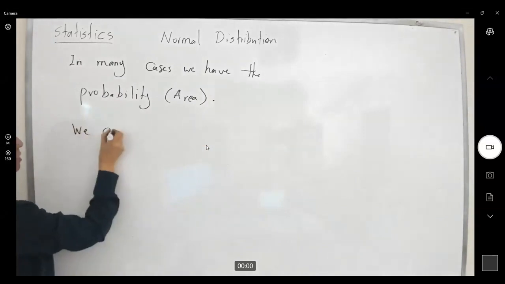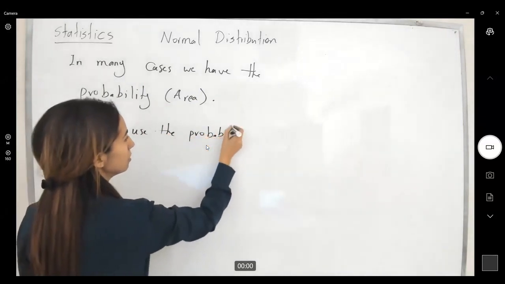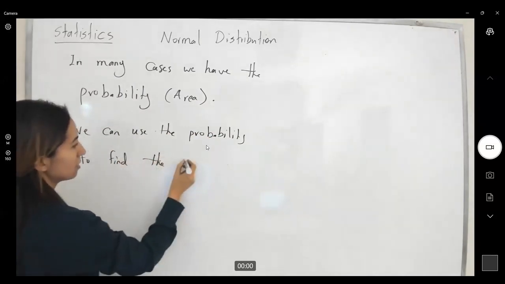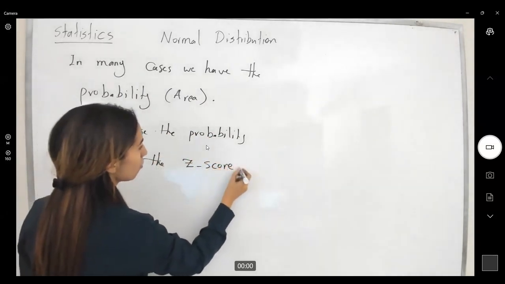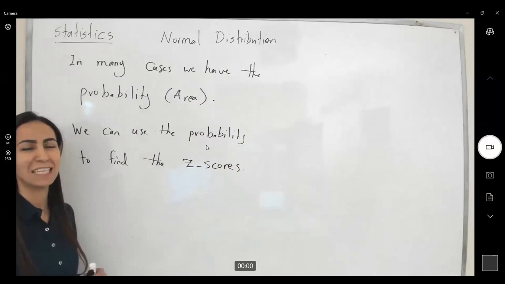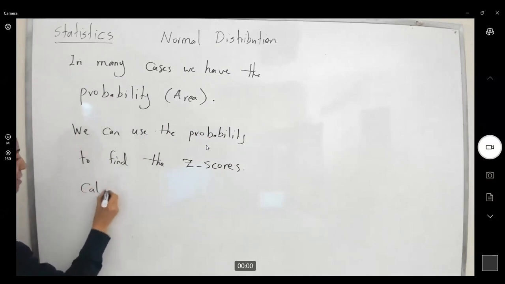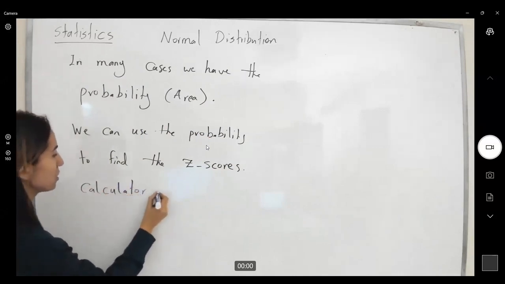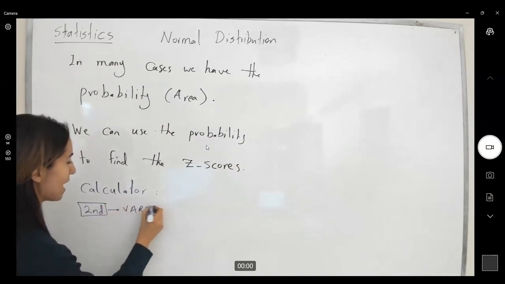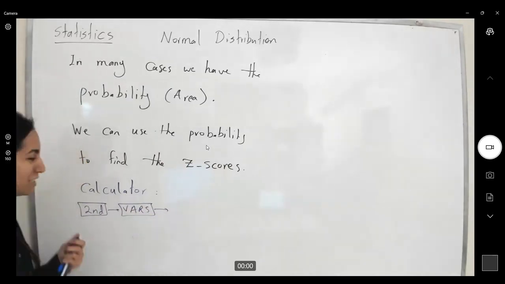We can use the probability to find the z-scores. The functionality that you're going to use is inverse norm. In our calculator, you're going to go to second, you're going to go to vars, and then you're going to use the inverse norm.